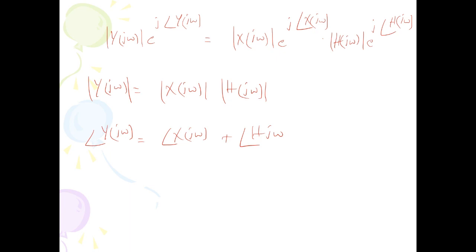Mod X of j omega is the magnitude spectrum of the input. This magnitude spectrum has been changed to mod X of j omega into mod H of j omega. That is the magnitude response of the output. Coming to the phase response, the input phase has been changed by adding the angle of H of j omega.